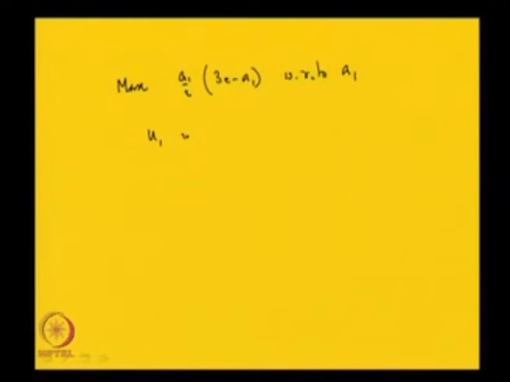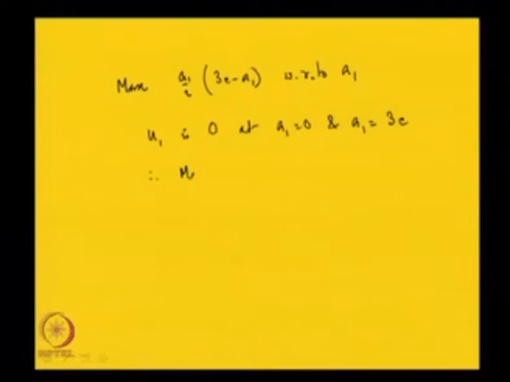So, U1 is 0 at A1 is equal to 0 and at A1 is equal to 3C, and this is a concave function. Therefore, the maximum is at A1 is equal to 3C divided by 2. So, this is the optimal action for player 1 in the beginning of the game.